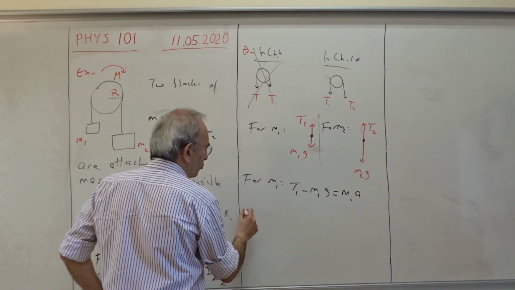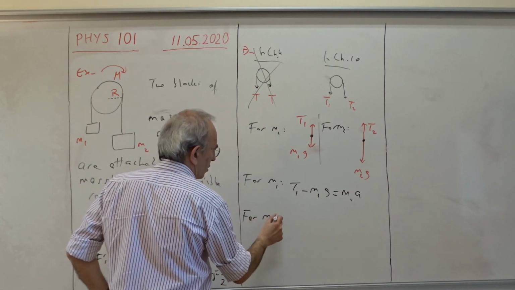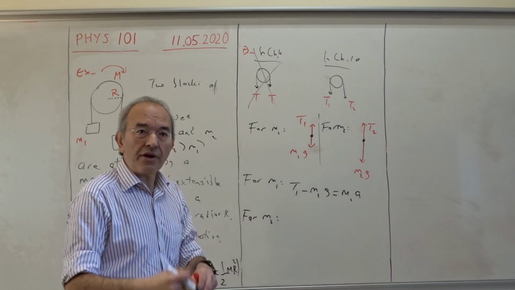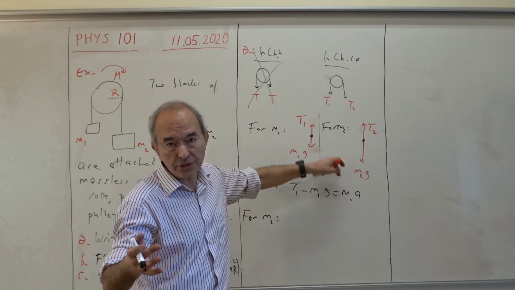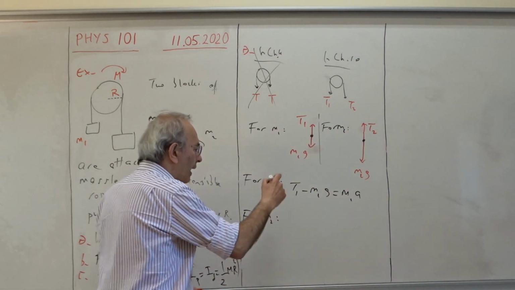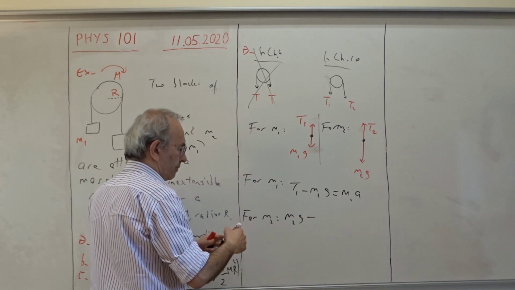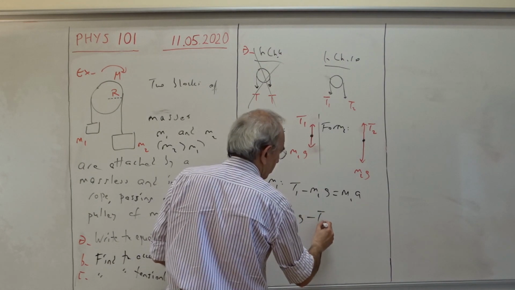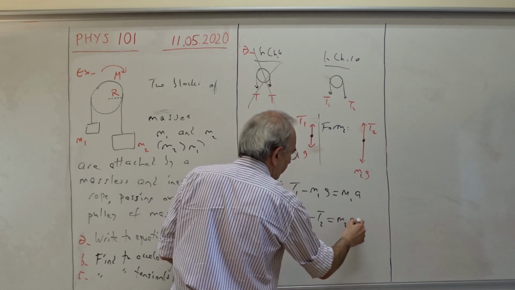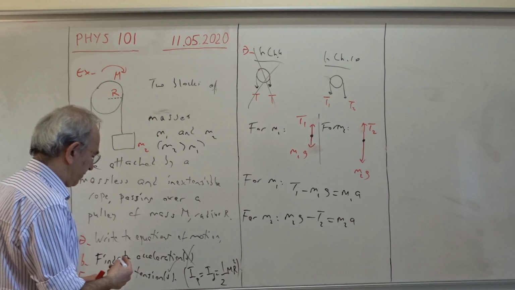For the other one, for M2, it is the other way around because M2g is greater, so that it is falling down. M2g minus T2 has to be M2 times acceleration a.